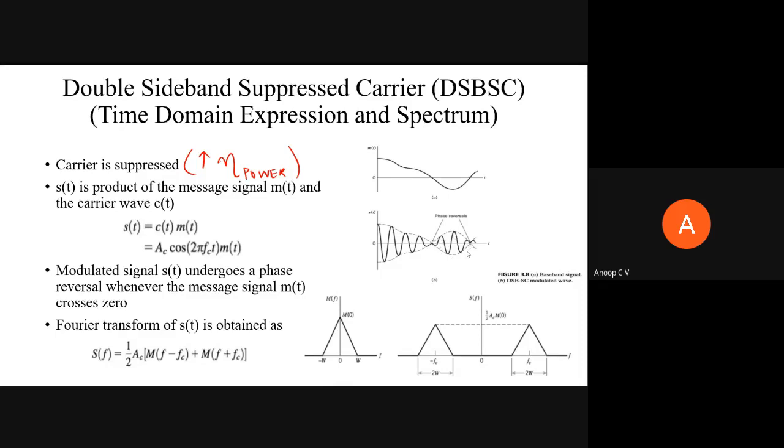So if I pass it through an envelope detector, I'll get only the positive envelope, which is not the required message signal. The information resides partly in the positive envelope and partly in the negative envelope. So I cannot use an envelope detector as we discussed for standard AM.